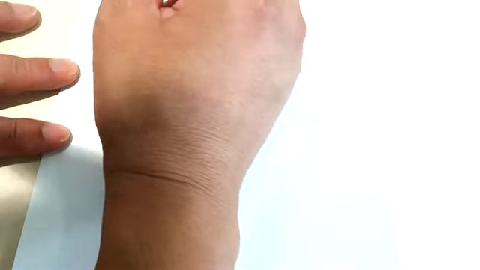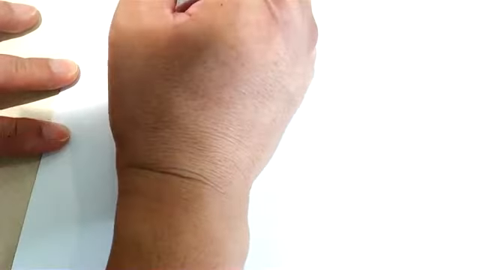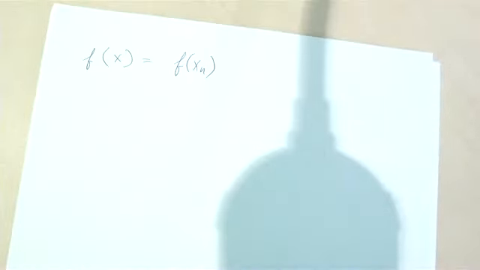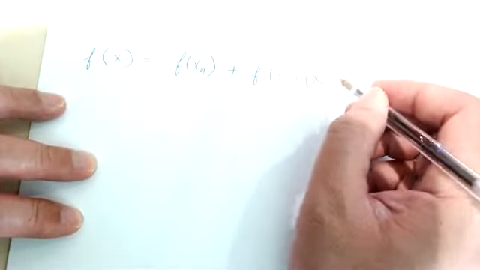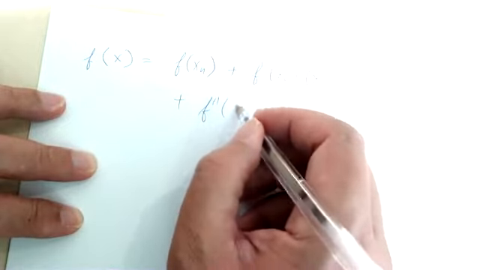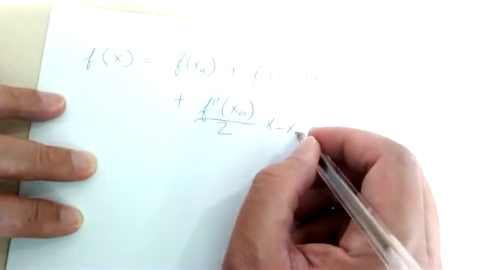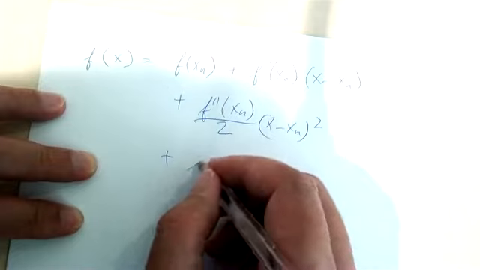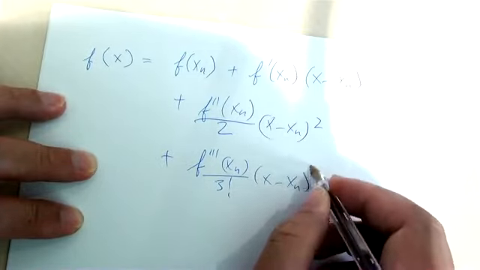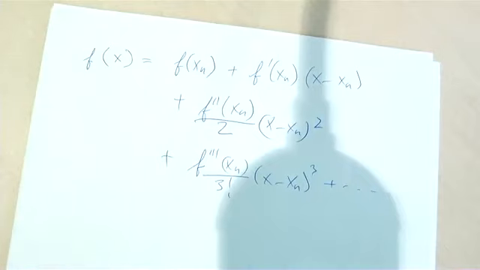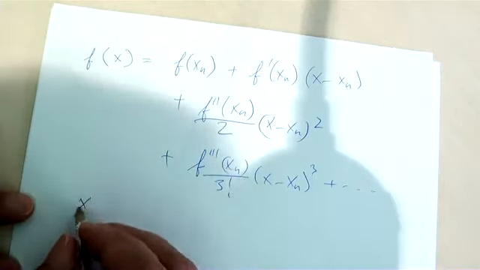The Taylor expansion of f of x around x_n will be f of x_n plus f prime x_n times (x minus x_n), plus f double prime x_n over 2 times (x minus x_n) squared, plus f triple prime x_n over 3 factorial times (x minus x_n) cubed, and so on. Okay. So now I just let x be x star.